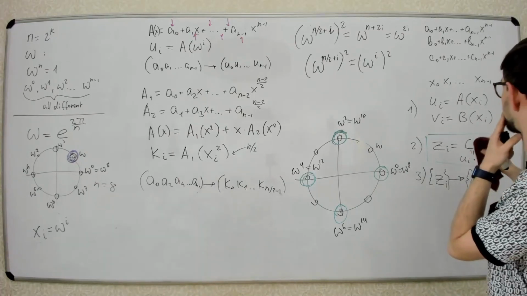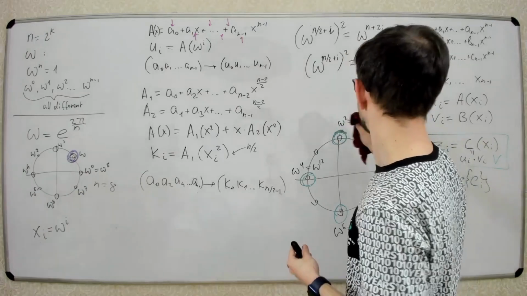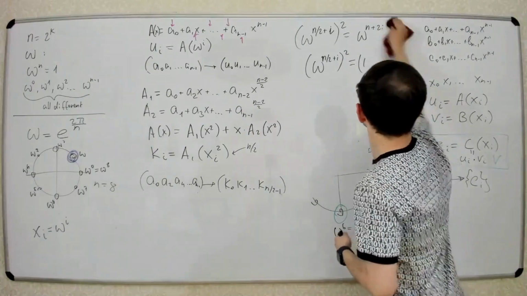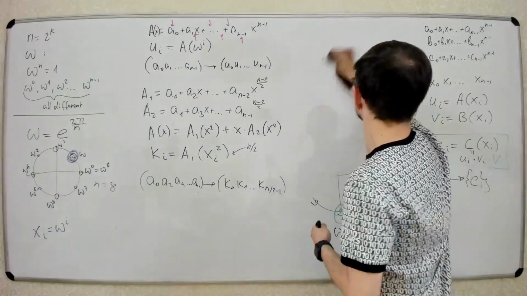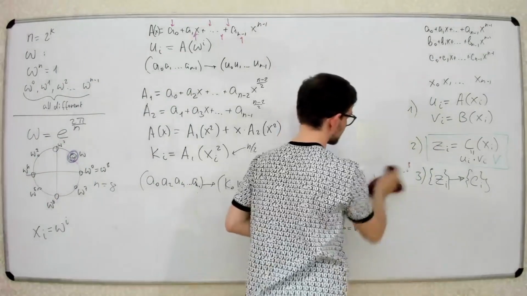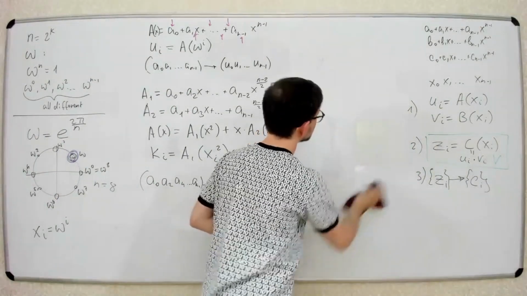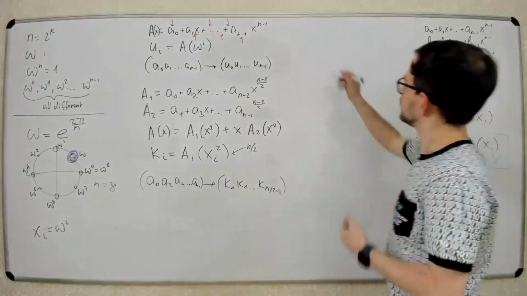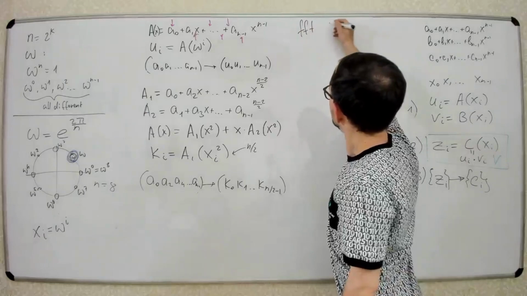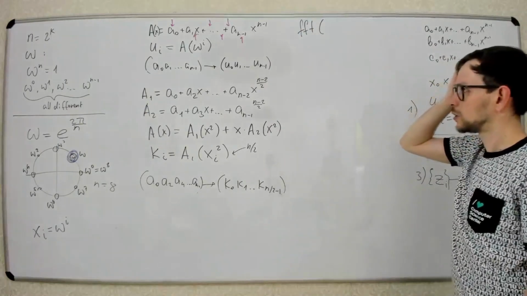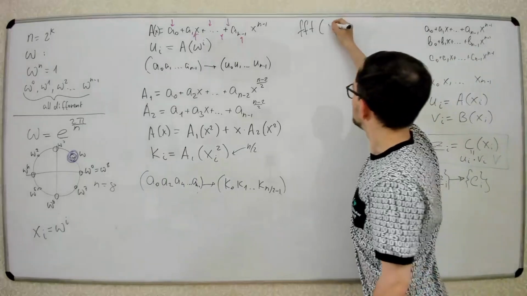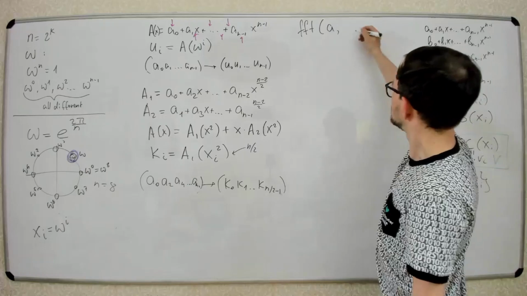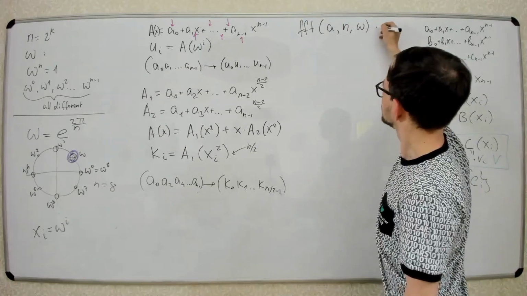Let's write the code actually. Let's have FFT of my array a, and n.